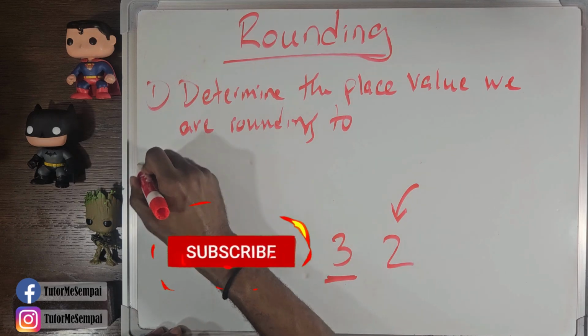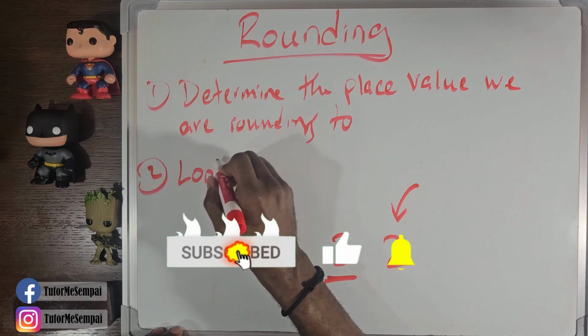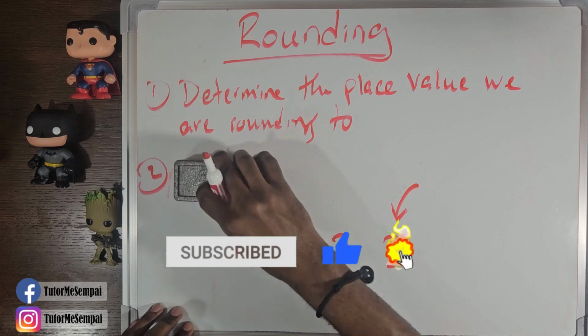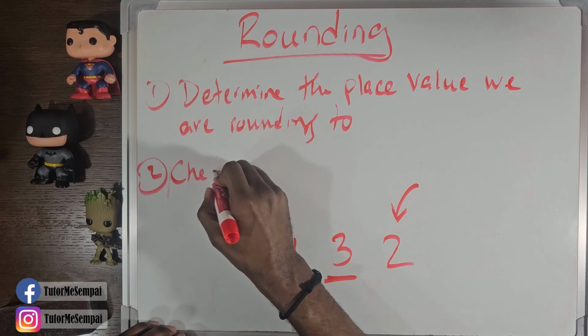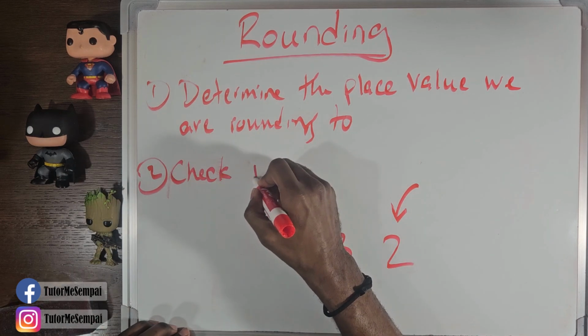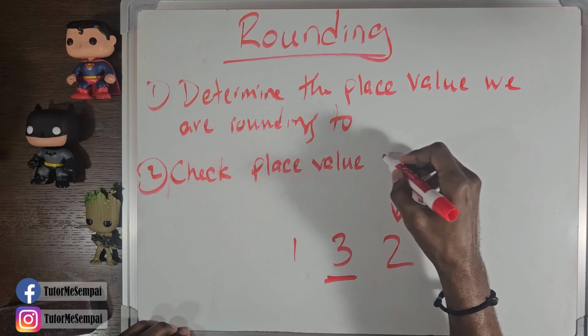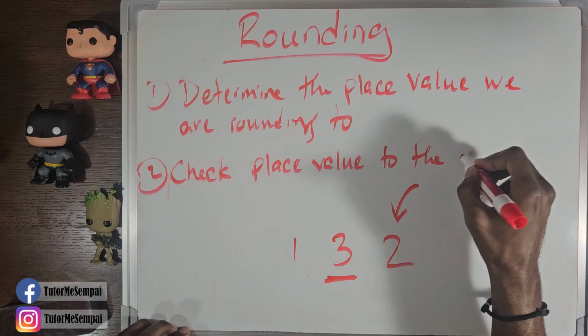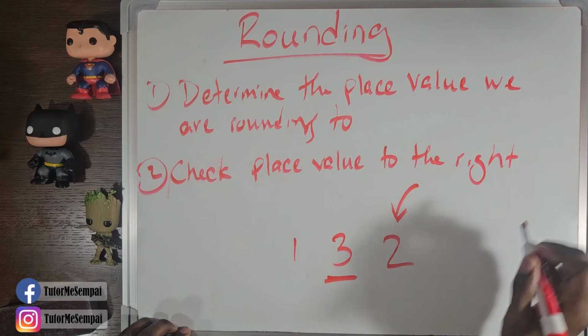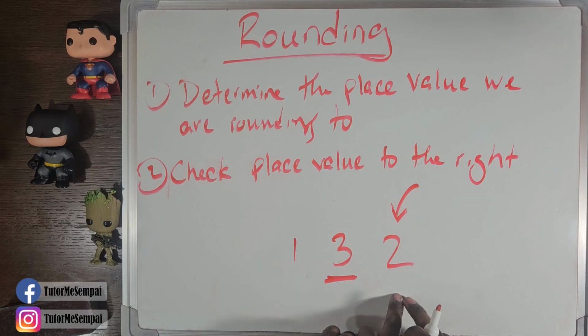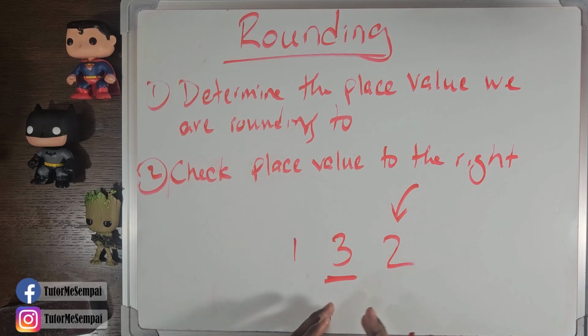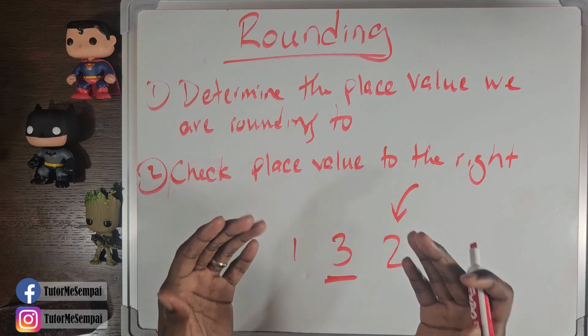So that's our next step: check the place value to the right, and determine if that is going to make this go up or go down.